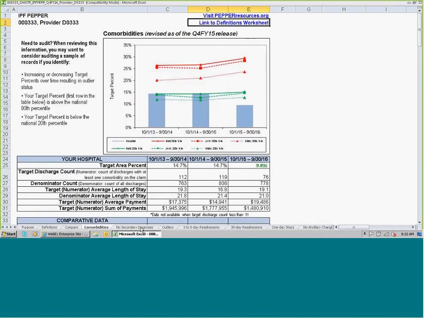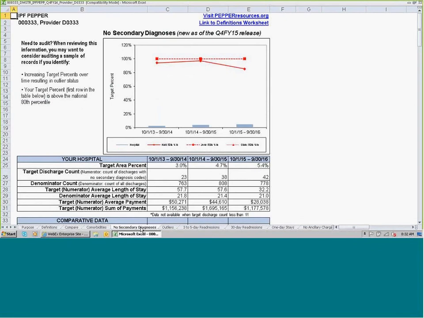So let's take a look now at the no secondary diagnoses target area. The no secondary diagnoses is concerned with complete coding of all of the coexisting diagnoses that beneficiaries may have. Now keep in mind, they may not all necessarily be psychiatric diagnoses, but any active medical condition should be coded and reported on the claim so that there's accurate information regarding the beneficiaries that receive services.